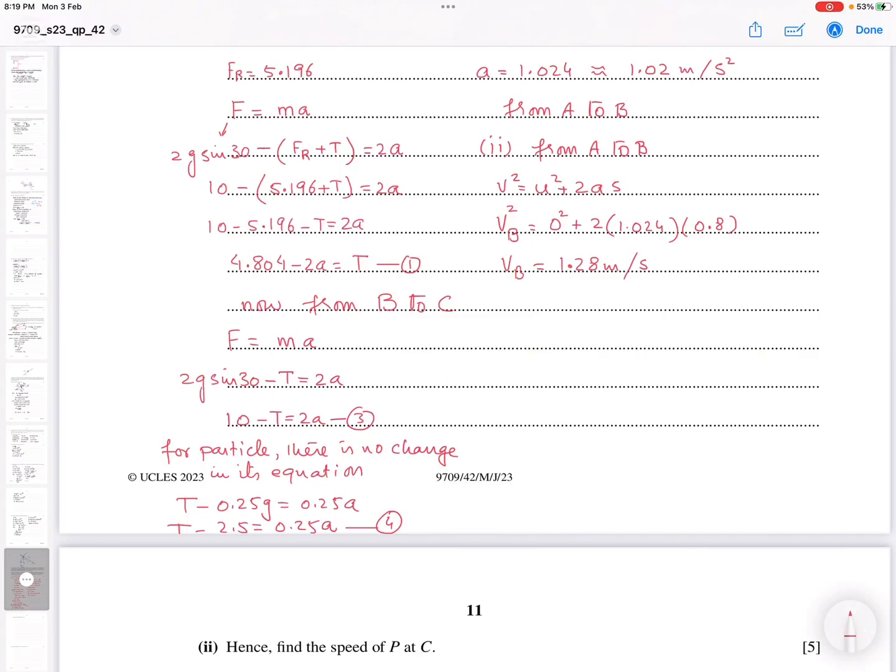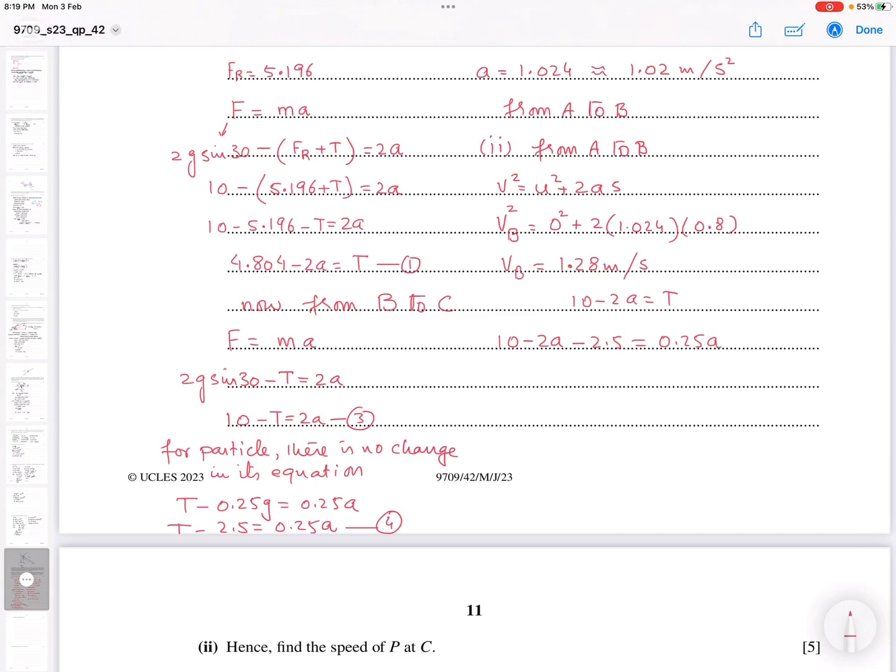Now equation 3 can be written as 10 minus 2a equals T. Put this in equation 4. So 10 minus 2a minus 2.5 equals 0.25a.